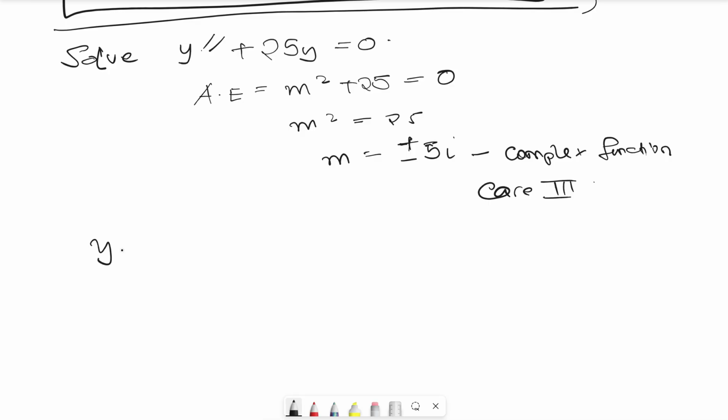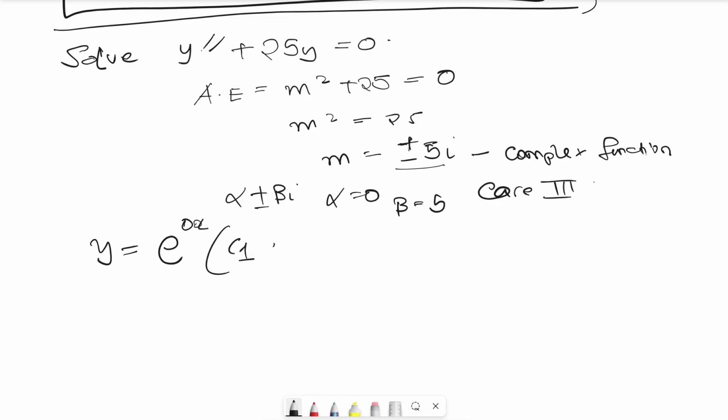So the formula will be e raised to the form alpha plus minus beta i, where alpha is 0 and beta is 5. So e power 0x times c1 cos 5x plus c2 sin 5x.